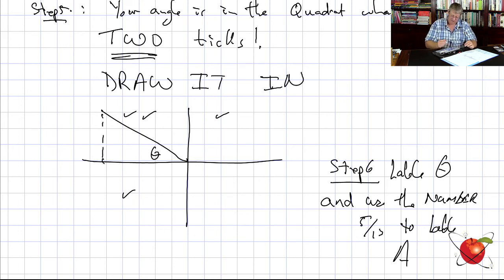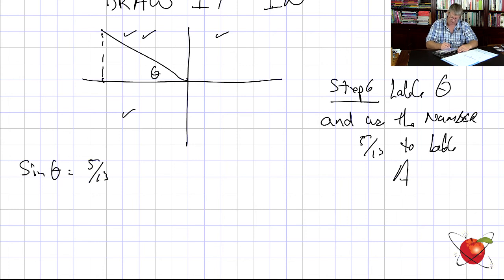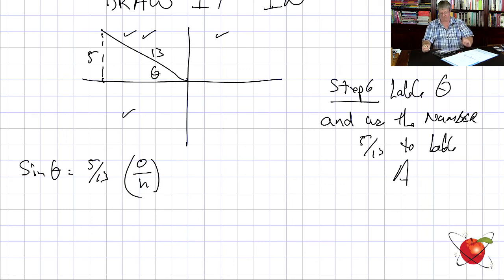Hold on. They told us that the sine was equal to 5/13. Let's just have a look at this. They said sine of theta is 5/13, which means opposite over hypotenuse, which means the opposite is 5, the hypotenuse is 13.